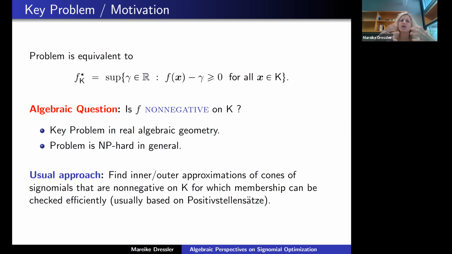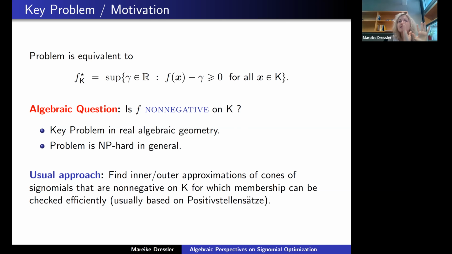The set of non-negative Signomials forms a very nice geometrical object. We call it a cone, and these are convex cones. This question about non-negativity can be restated as a membership problem in this specific cone.